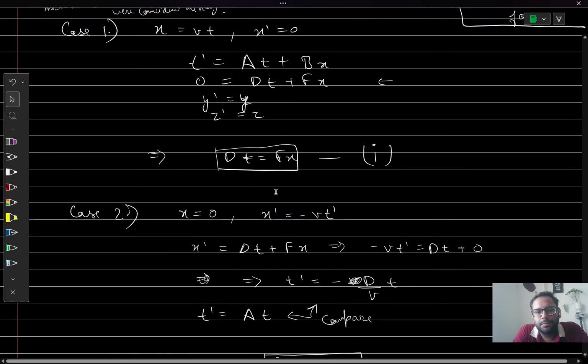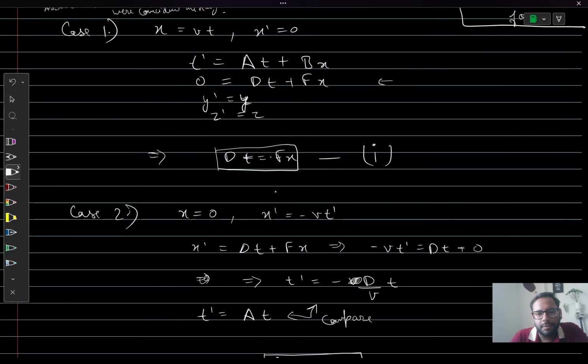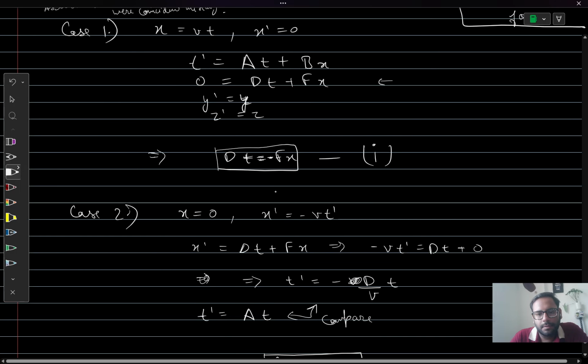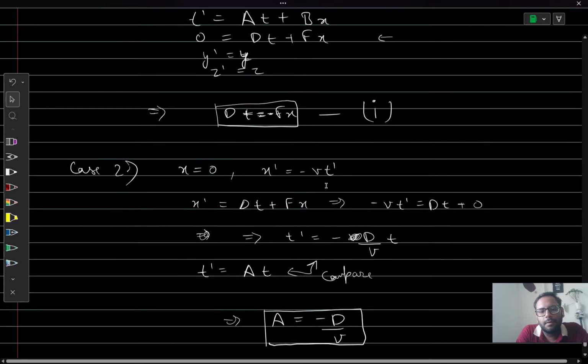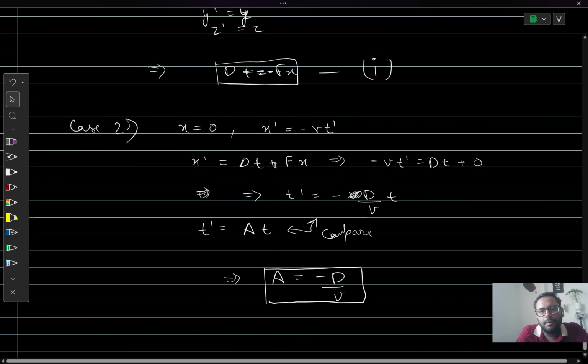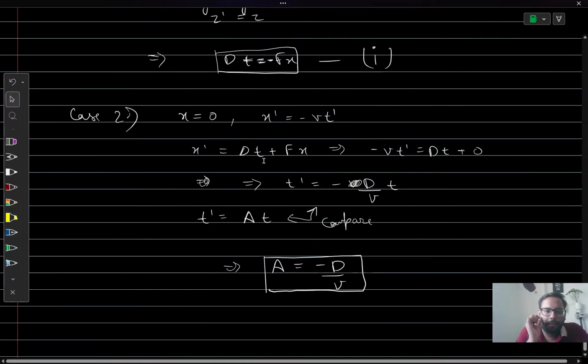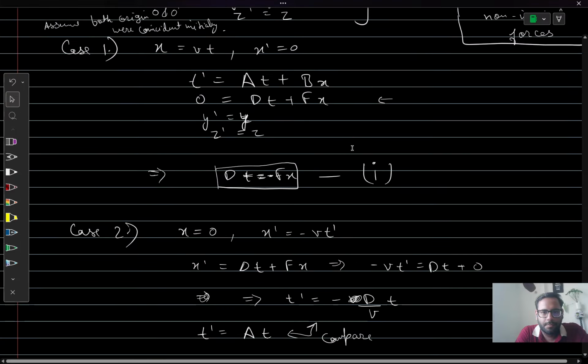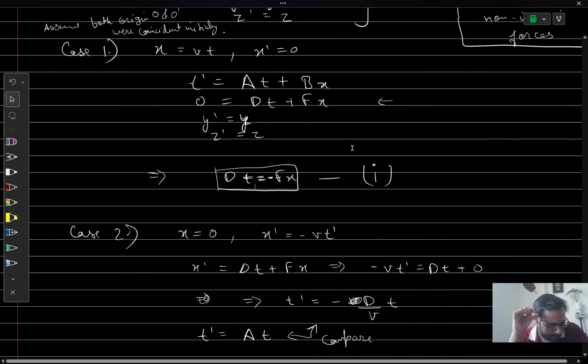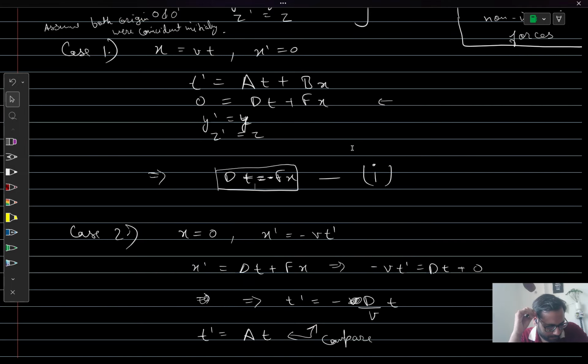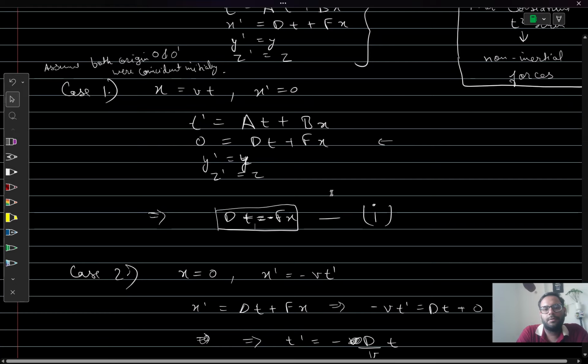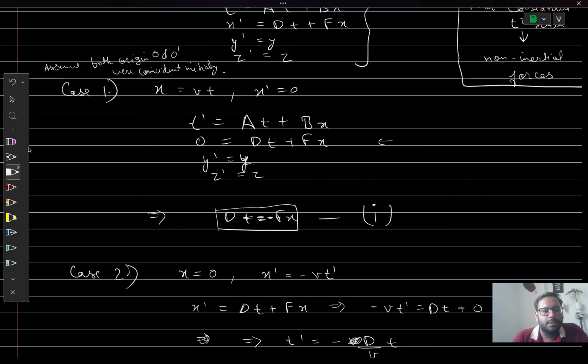dt is equal to minus of fx. Wait a second. We also have to put something else here; we have not put the vt part.